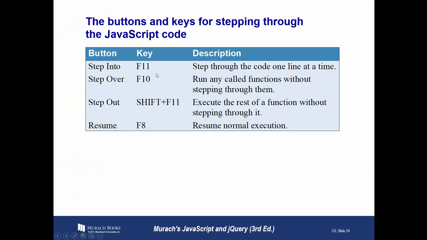When you're running your program, you can use these different what are called step modes to step into. If you hit F11, it's going to run your code a line at a time. If you hit F10, it'll run the whole function, but it won't stop with each line. It'll go through the whole function and then stop. If you're in the middle of a function and you do a Shift F11, it'll execute the rest of the function without stopping.